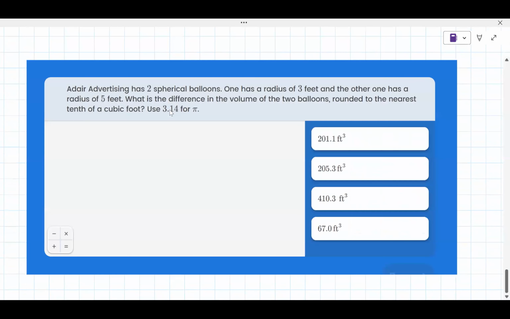All right, so I'll give you the formula here for volume of a sphere. Volume of a sphere is 4/3 pi r cubed. All right. Maybe that will help.